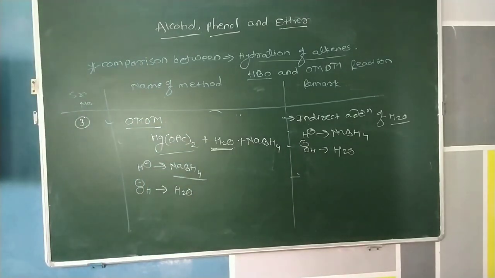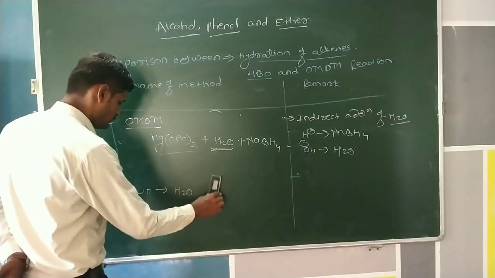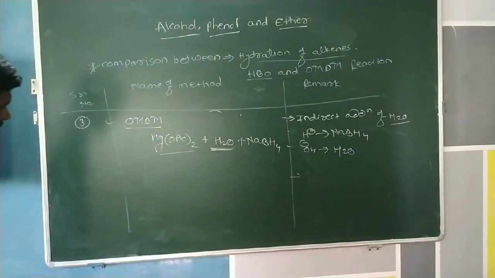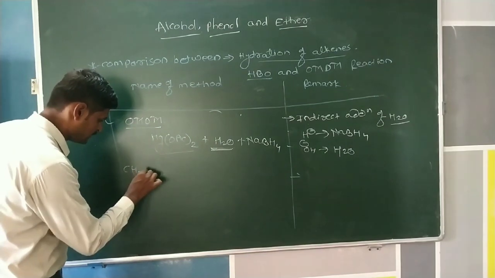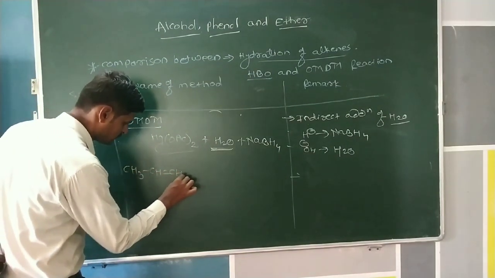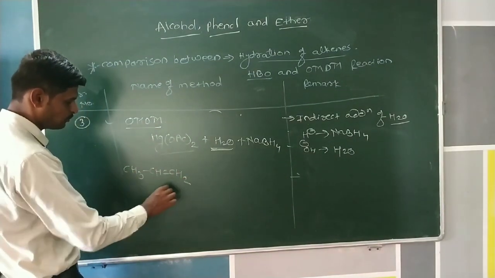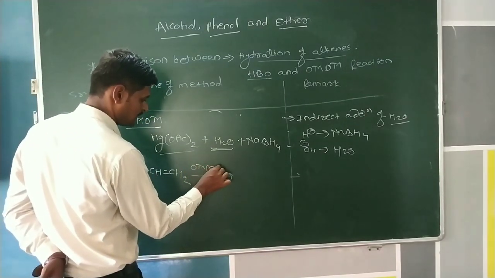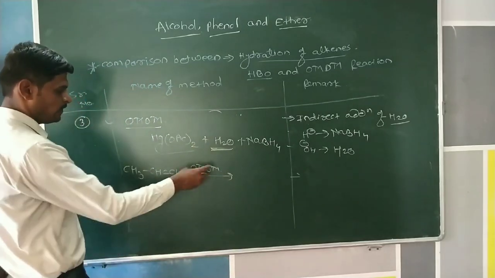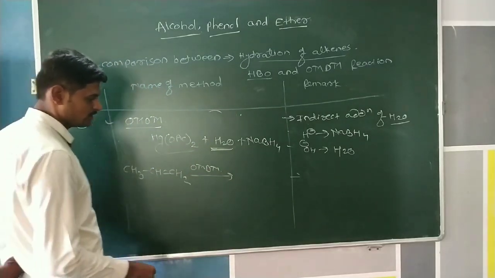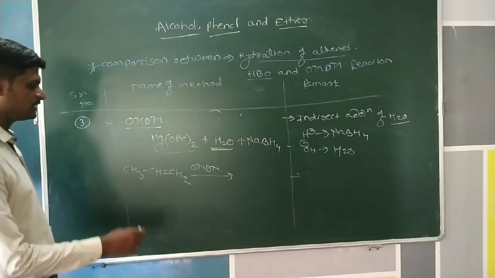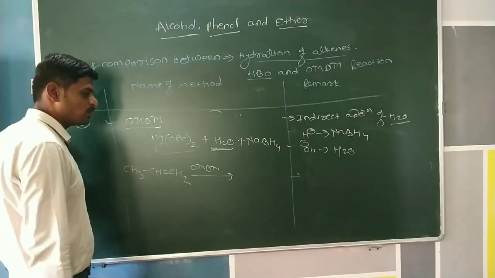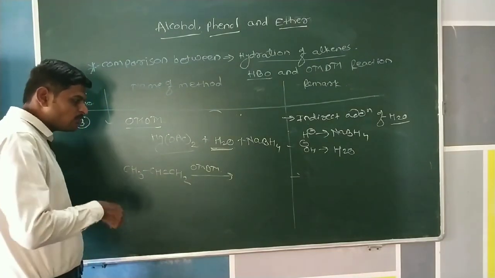Then, if we consider the unsymmetrical alkene CH3CH=CH2, it is propene. It undergoes the OMDM reaction. Then it forms the alcohol, but the alcohol formation is according to which rule, anti-Markovnikov's or Markovnikov's rule?